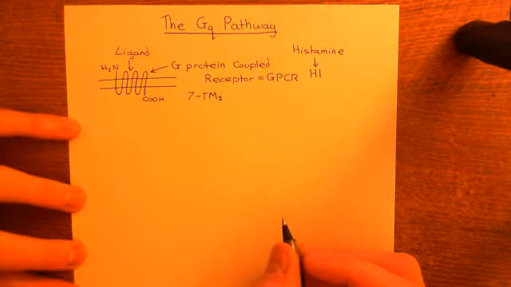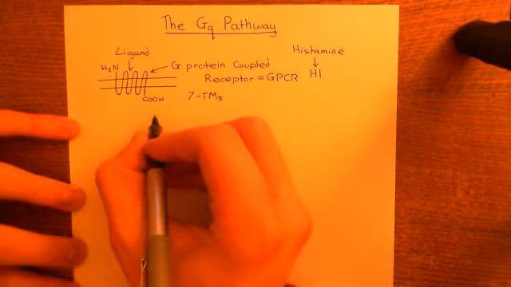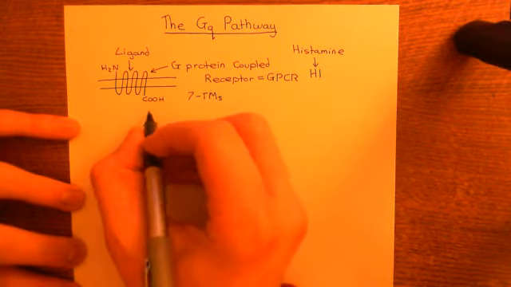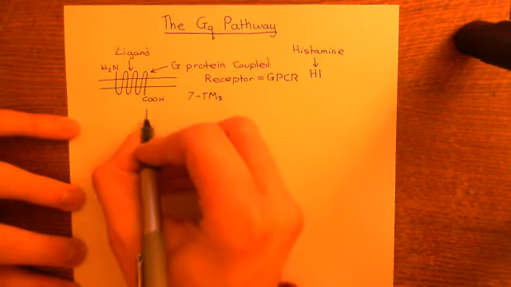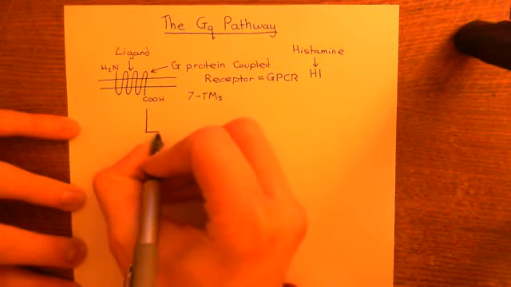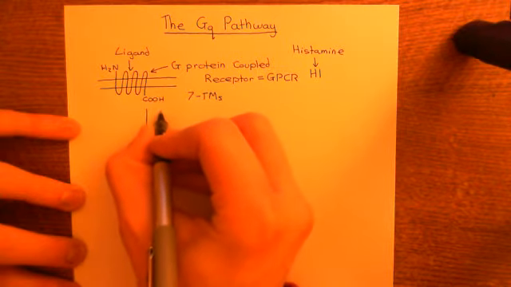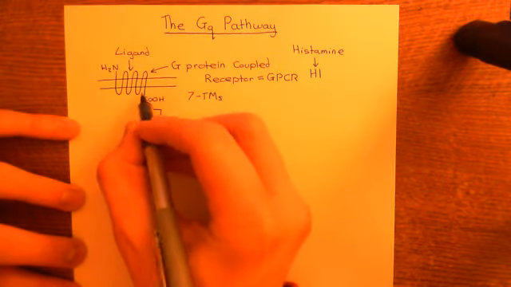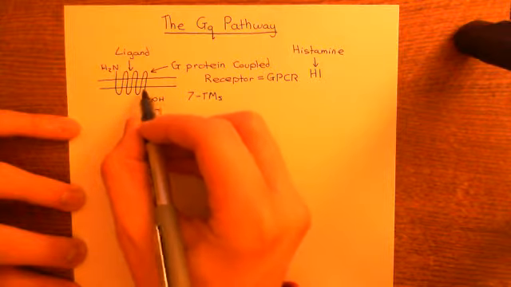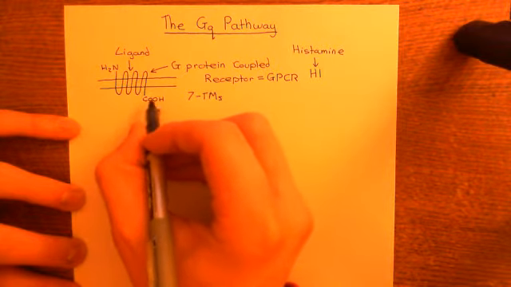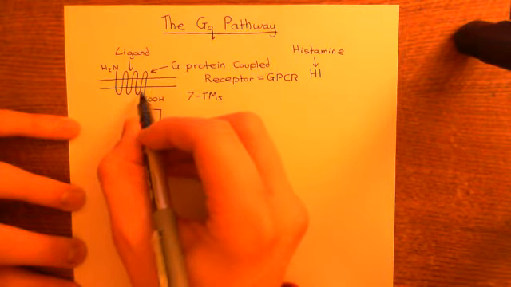The G protein coupled receptor is going to be coupled to a heterotrimeric G protein, so I'll draw the heterotrimeric G protein here. Sometimes the heterotrimeric G protein is physically linked to the intracellular domain of the G protein coupled receptor.